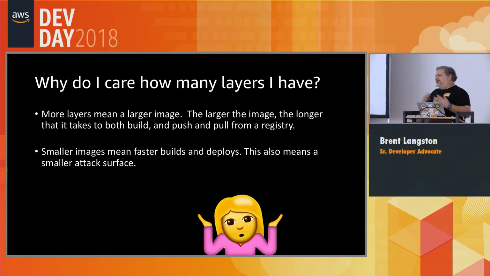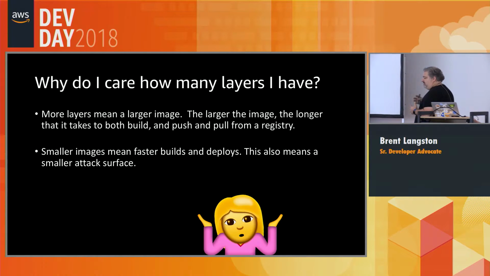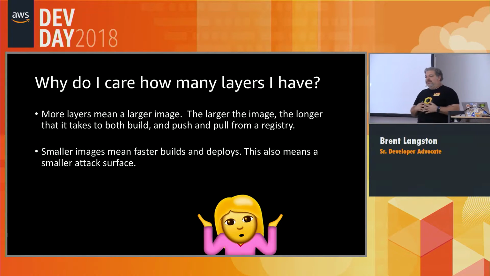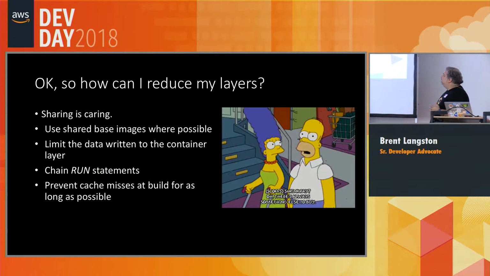So building an efficient Docker container is very useful and can pay off dividends. Smaller images can also mean a smaller attack surface. If you put less into the image, then there's less that is potentially outdated and less to potentially be used as an attack vector.